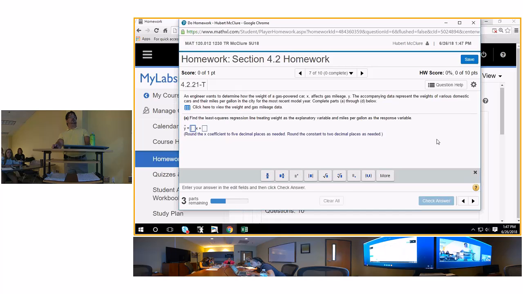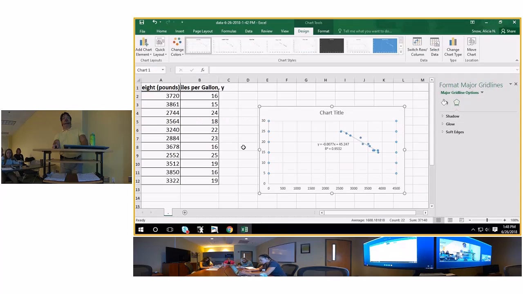All right, it says round to 5 decimal places. So somebody give me that. I'll just look at it again. All right, write that down. Negative 0.0077 and 45.247, because I ain't going to remember. I can't remember a phone number.